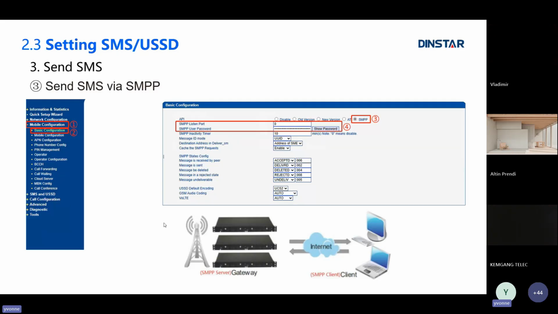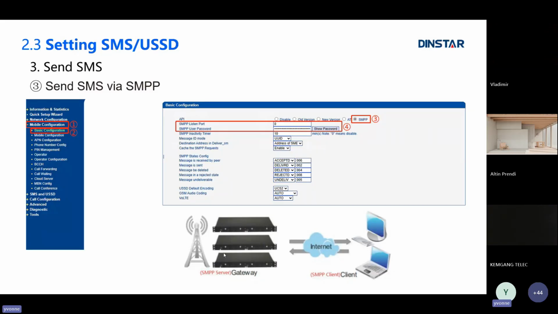As you know, we also support SMPP to send SMS. This diagram illustrates the SMPP-based SMS sending process. The UC2000 gateway is connected to the mobile network, and it acts as an interface between the mobile network and the internet.